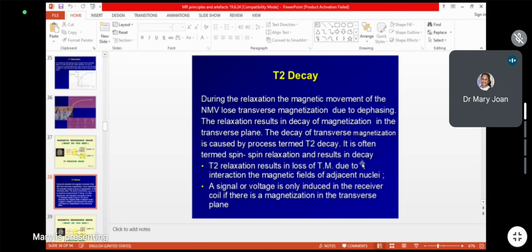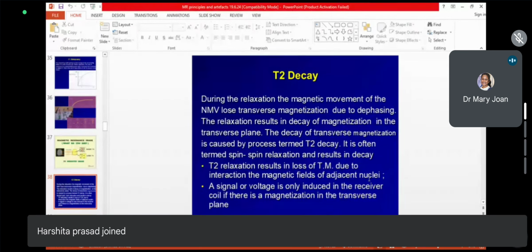It is often termed spin-spin relaxation. T2 relaxation results in loss of transverse magnetization due to interaction of the magnetic fields of adjacent nuclei, and a signal or voltage is only induced in the receiver coil if there is magnetization in the transverse plane.